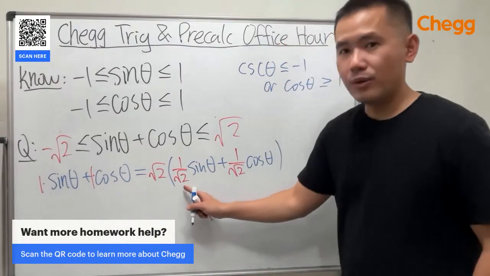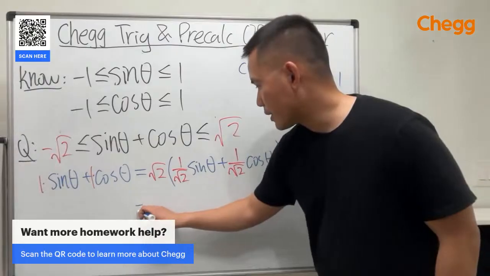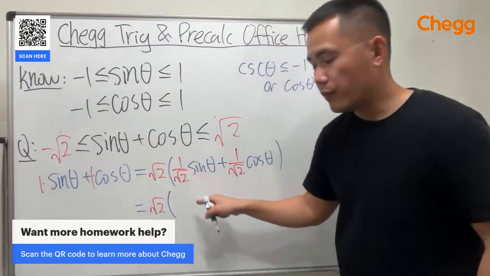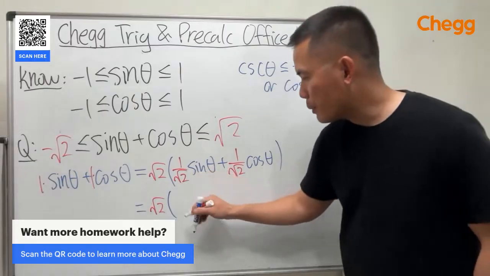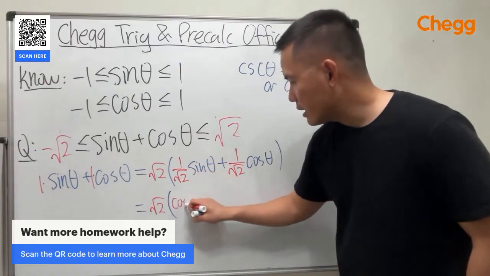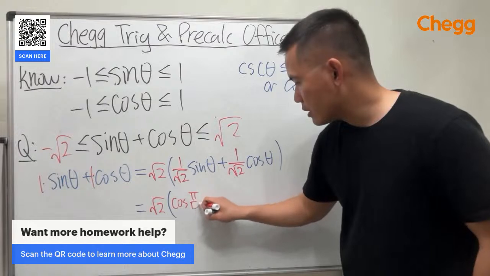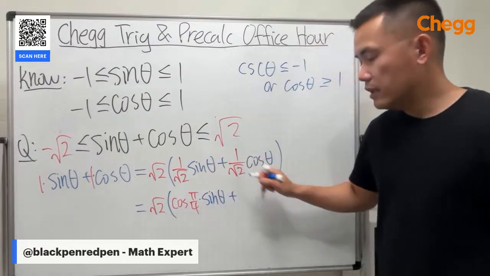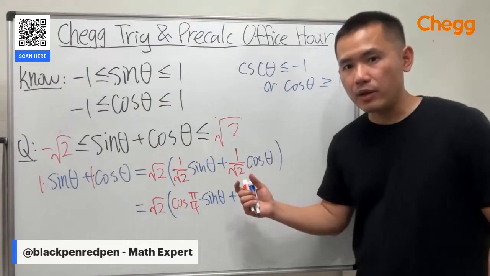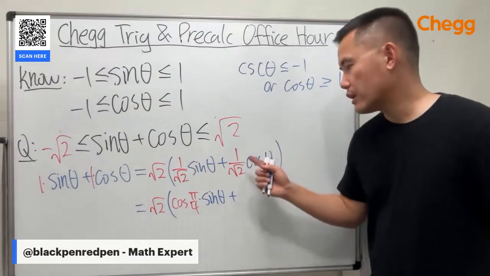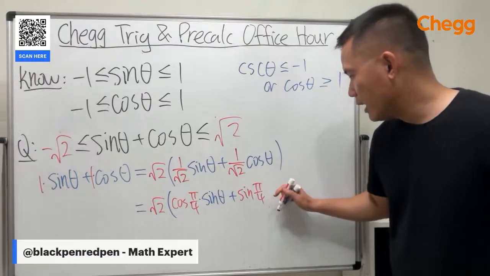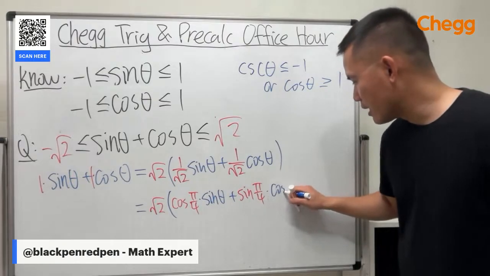If you distribute, it's the same as the original. Why did I do this though? Because we have that square root of 2 in the front. But for the 1/square root of 2, I will purposely write it as cosine of pi/4, and then multiply with sine theta. For the other one, we can use the same angle, but I will use sine, which is sine of pi/4, and then times cosine theta.